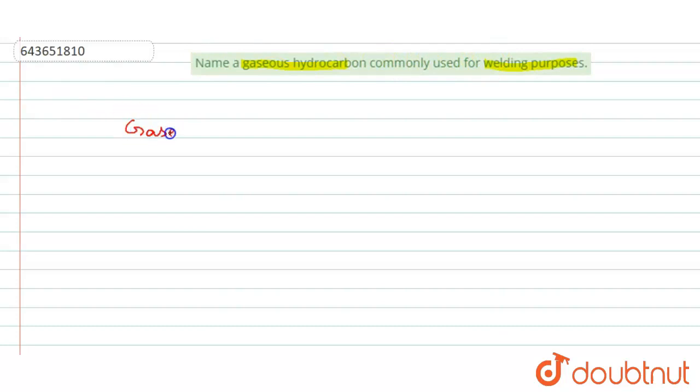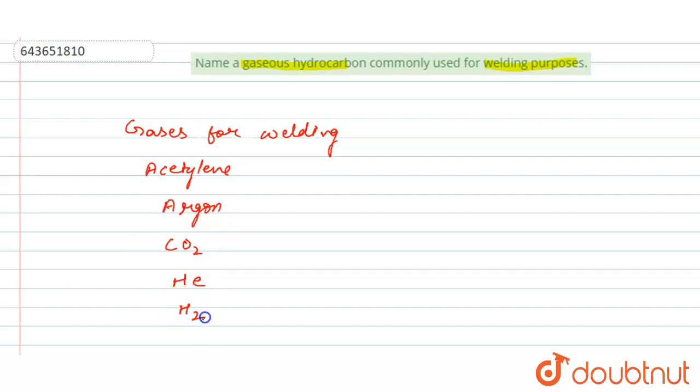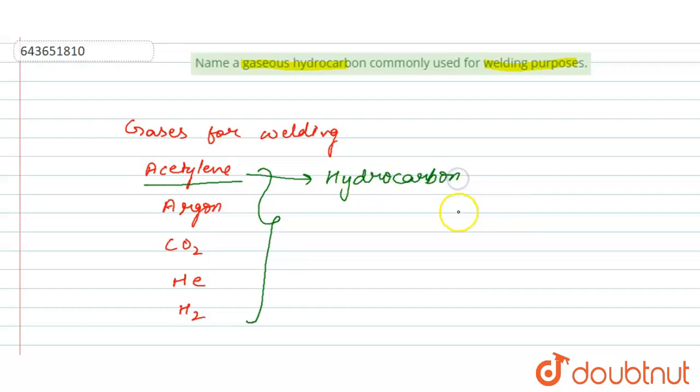Gases used for welding purposes are acetylene, argon, carbon dioxide, helium, hydrogen, and out of these gases only acetylene is the hydrocarbon. So acetylene is the gaseous hydrocarbon used for welding purposes.